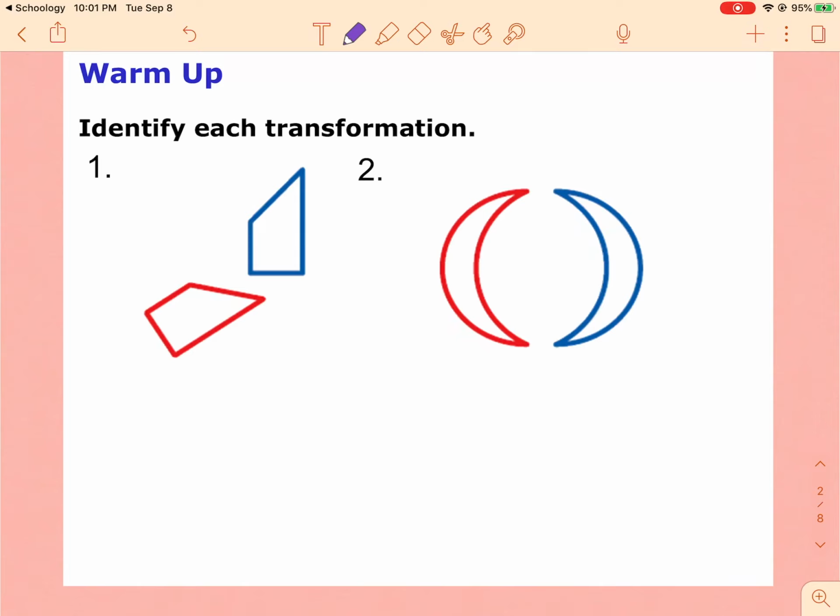I think in the first one, you realize it's a rotation in order for it to match up like that.